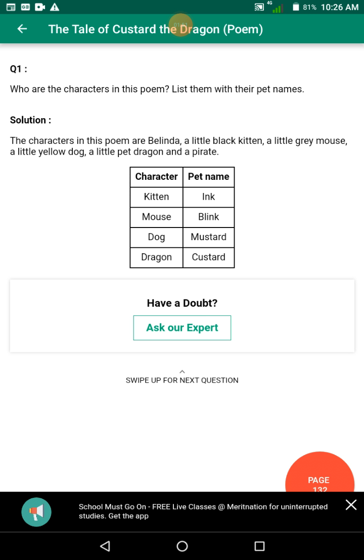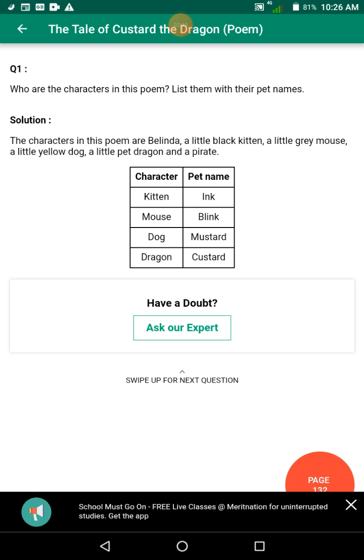The characters of the poem are Belinda, a little black kitten, a little grey mouse, a little yellow dog, a little pet dragon, and a pirate. Repeat, children. Okay.